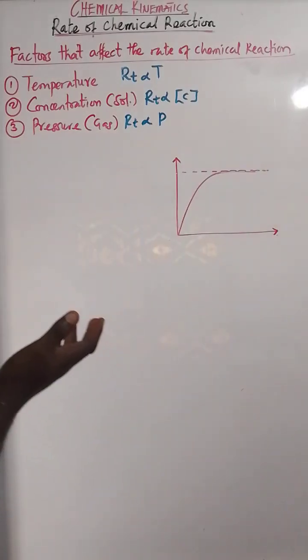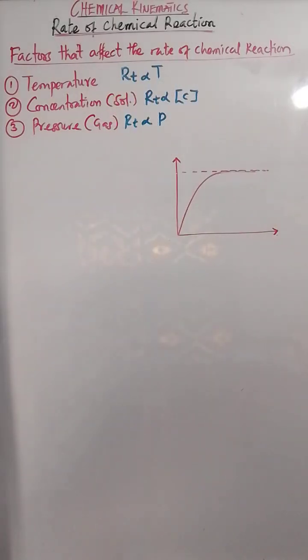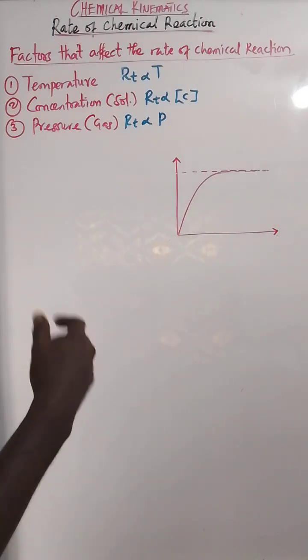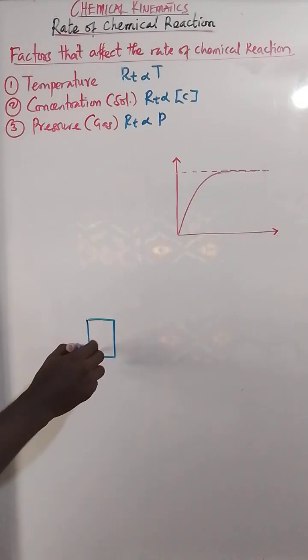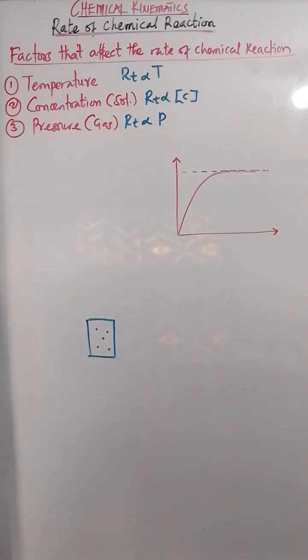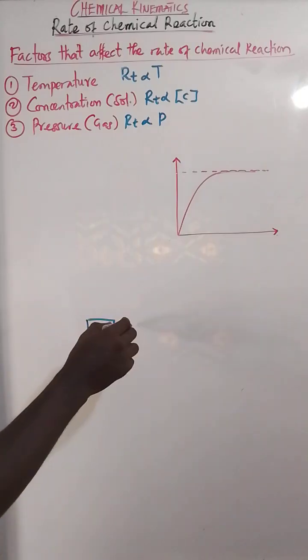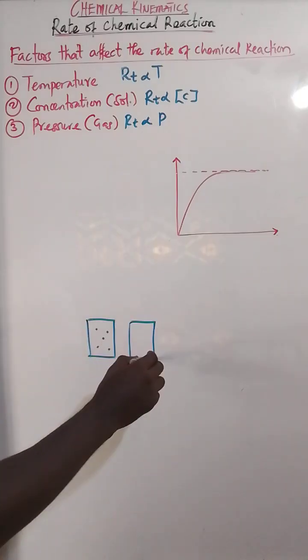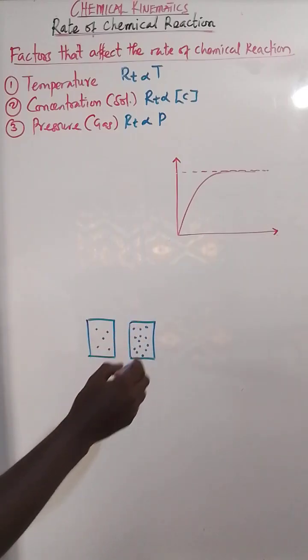Question is, why will increase in concentration increase reaction rate? Now, always note, to increase the reaction rate, the collision must increase. So if we have, let's say, few molecules in this entire space, and for the same space, we have more molecules, what happens?